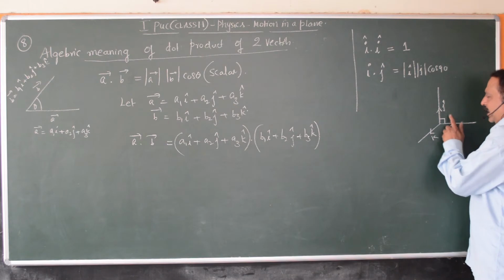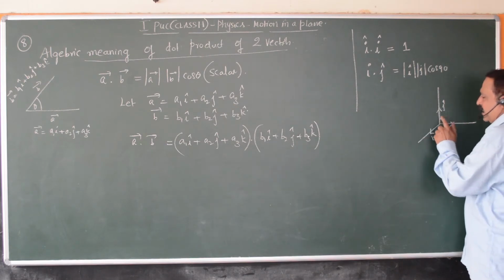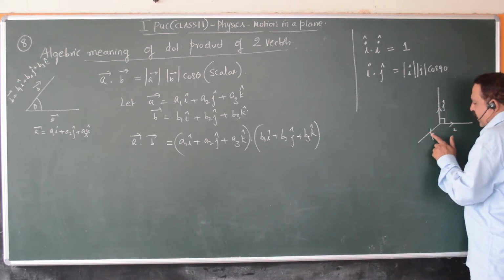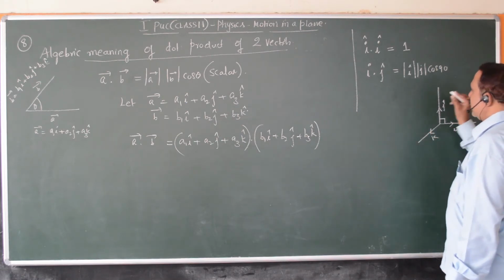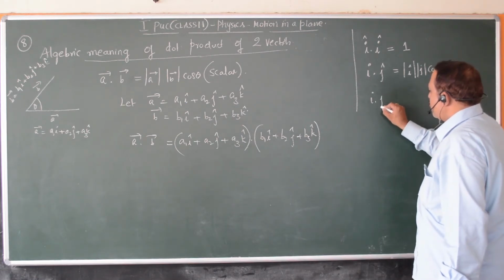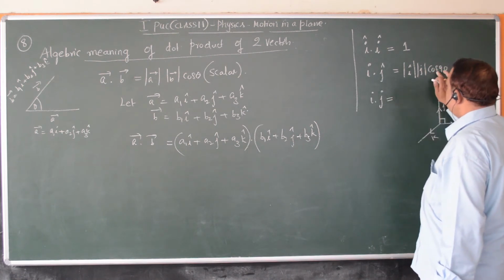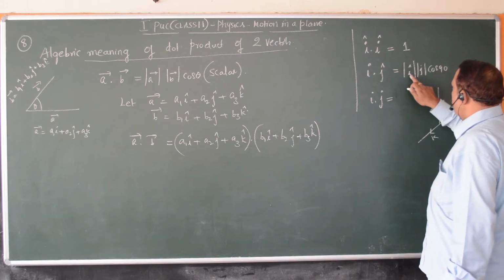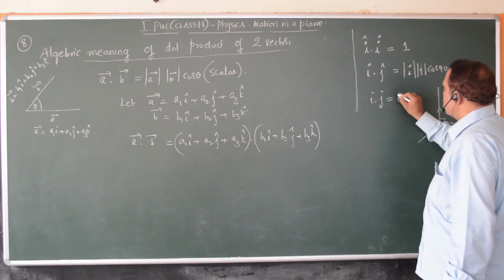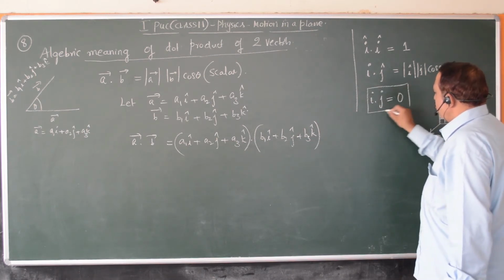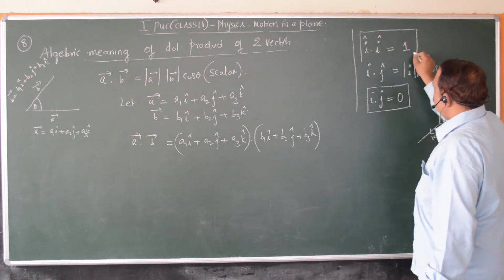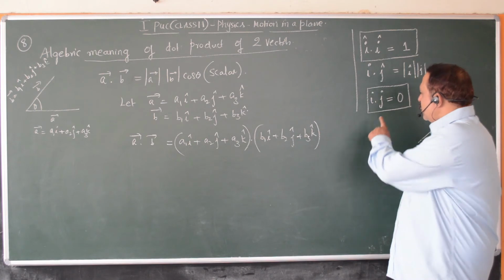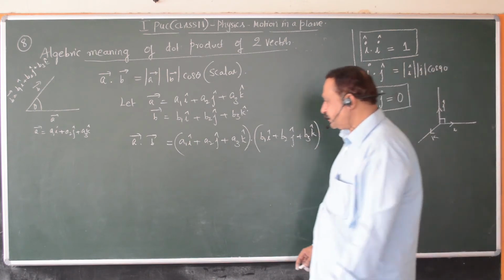The angle between i and j is 90 degrees. Similarly, the angle between j and k is 90, and between k and i is also 90 degrees. So what will happen to the dot product of two dissimilar vectors? Cos 90 is 0, so 1 into 1 into 0 becomes 0. So two important points we have to remember here: the dot product of two similar vectors is 1, and of two dissimilar vectors is 0.